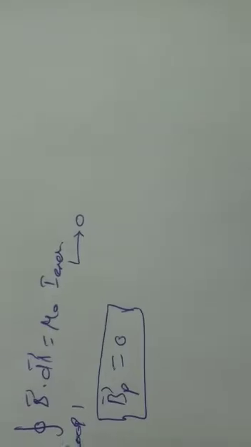So in loop 1, the magnetic field will be 0 at the point P. This is possible only if the magnetic field at the point P vanishes, that is, B at the point P is equal to 0.